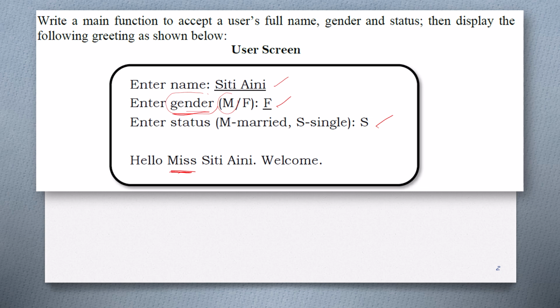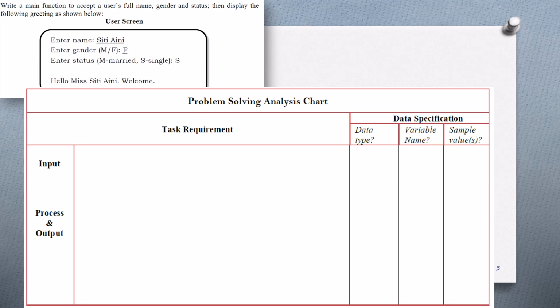Next, you're supposed to think about the problem solving analysis: how you're going to identify the input, the process and the output. First things first, by looking at the user screen as given here, you can see that from here up to here it is basically the output statement, and this one here is the input statement.